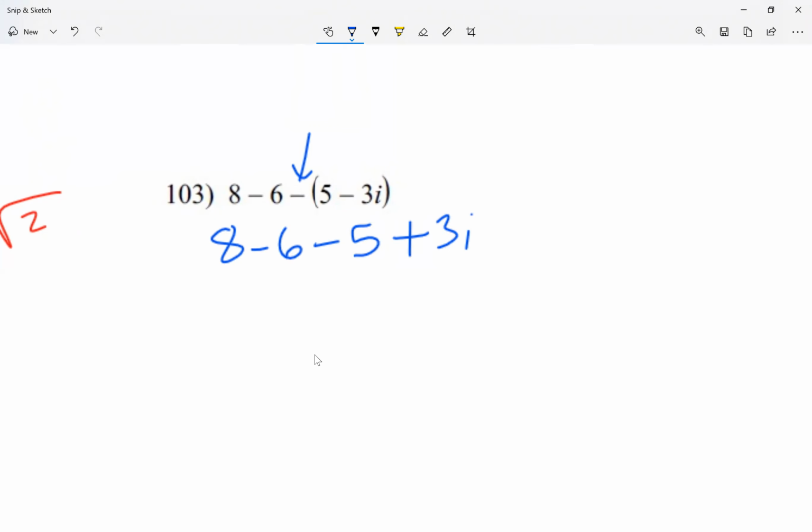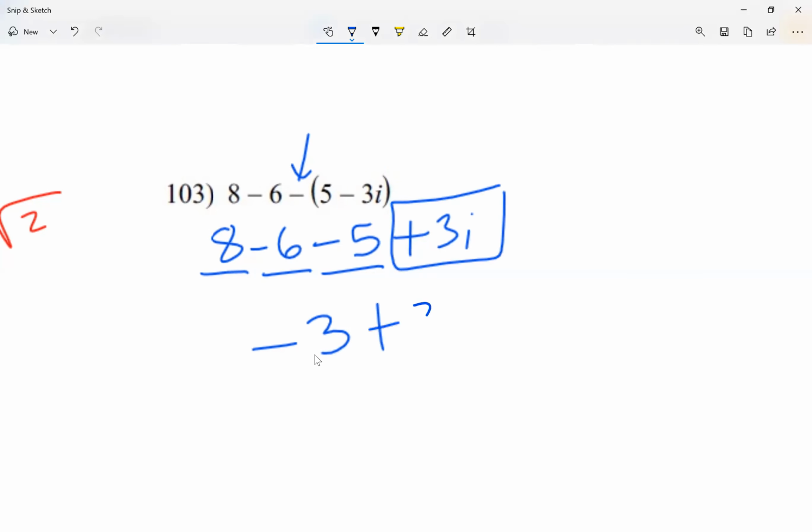Now that I don't have parentheses, let me combine the real numbers first. 8 minus 6 minus 5. Isn't that negative 3? And then let me combine the i's, the imaginary numbers, plus 3i. When you combine imaginary and real numbers, we call those complex. Make sure you combine the real numbers first. So negative 3 plus 3i.